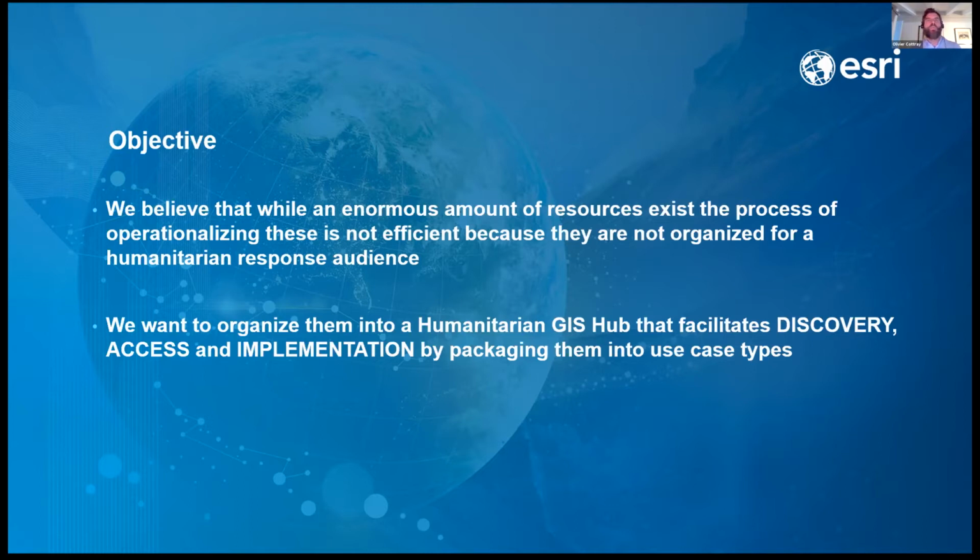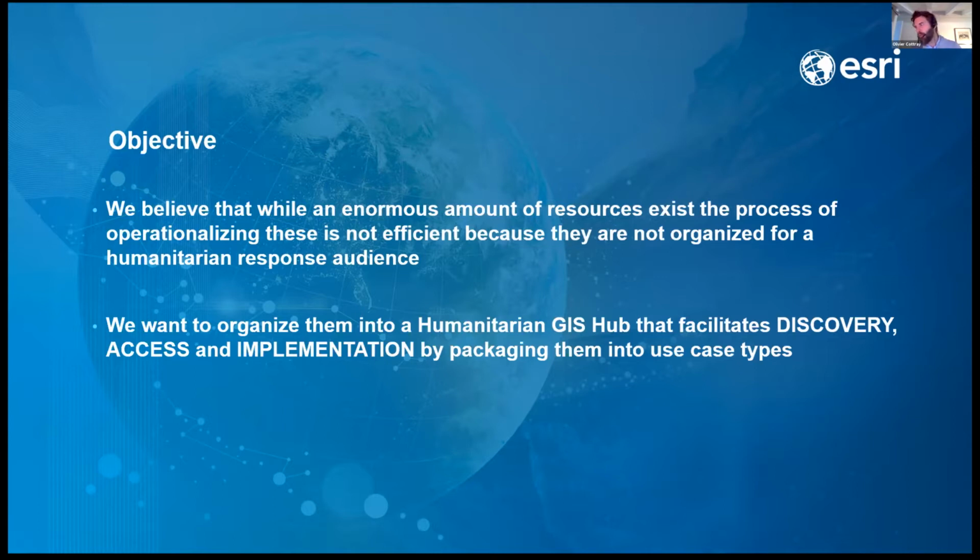And so we would like to organize those resources using a Humanitarian GIS Hub to facilitate discovery, access, and implementation. Specifically, we'd like to do that by packaging resources up into bundles organized around use case types. And we'll discuss a little bit altogether about what we mean by that.